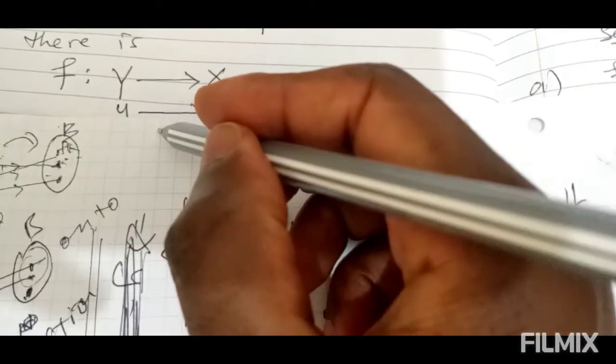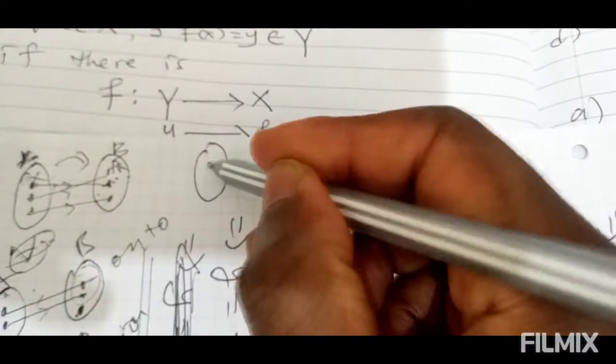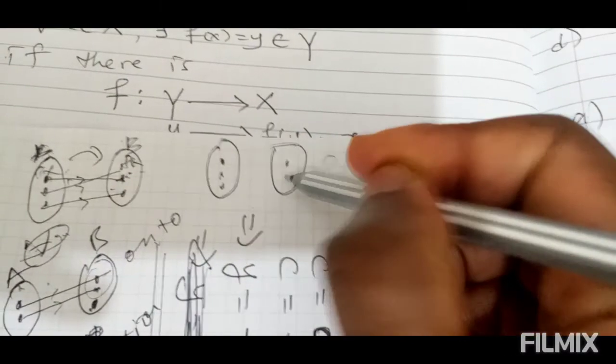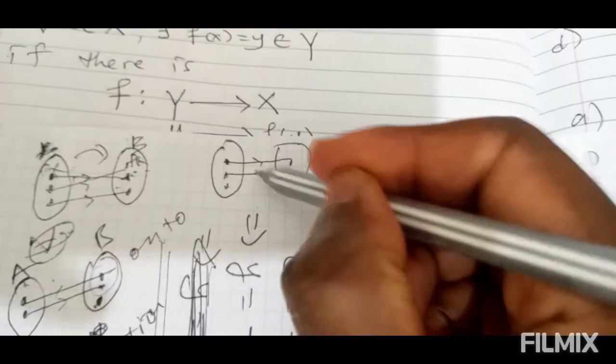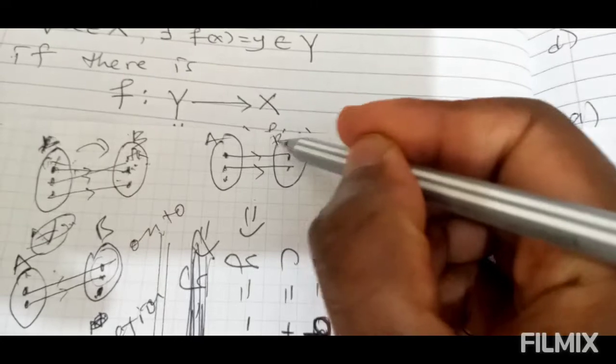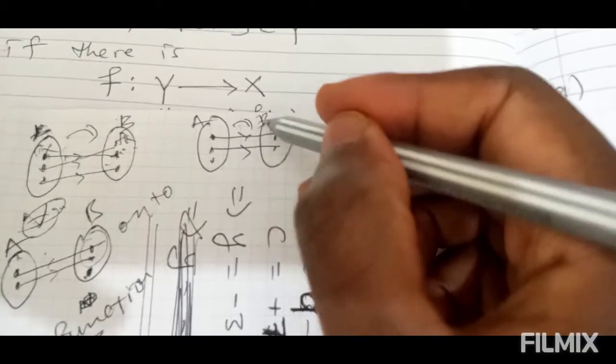Now, if you have a relation like this, you have 3 elements, then one goes here and the other one goes here. Now this set is A and this one is B. This one represents a function transformation.